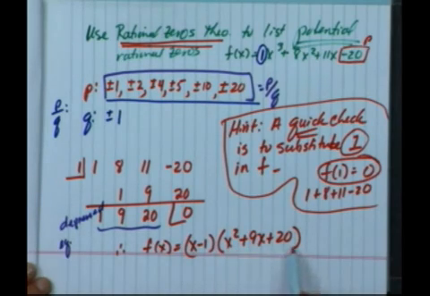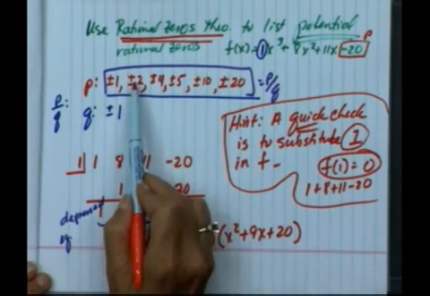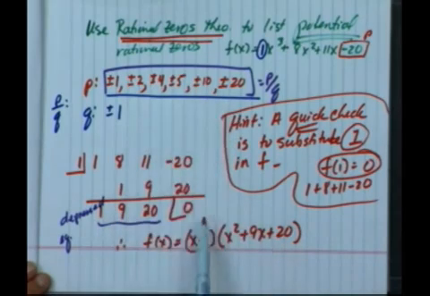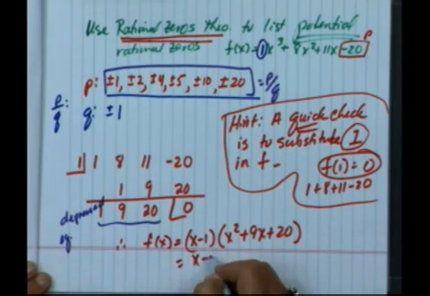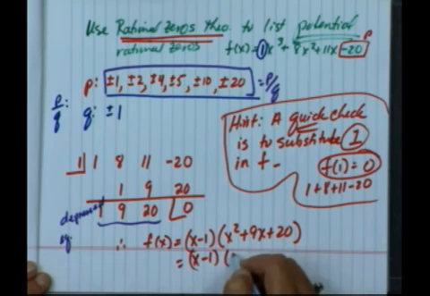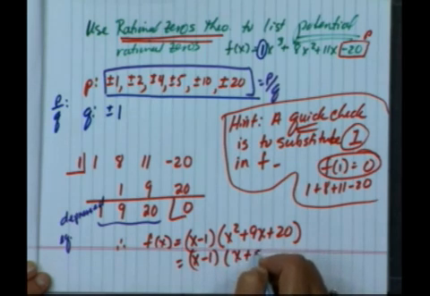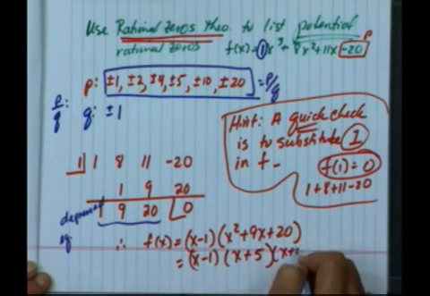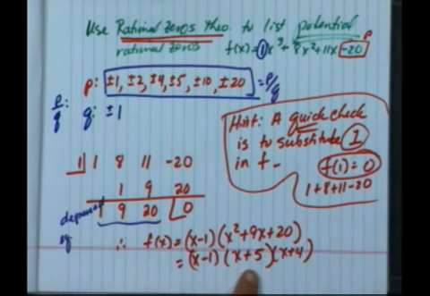Once you get it down to a quadratic, I would not spend all my time checking all these numbers out looking for the 0. You know how to solve for the rest of the values for x. And this factors to x minus 1, x plus 5, and x plus 4. So, this is all completely factored. I have it to its linear factors.